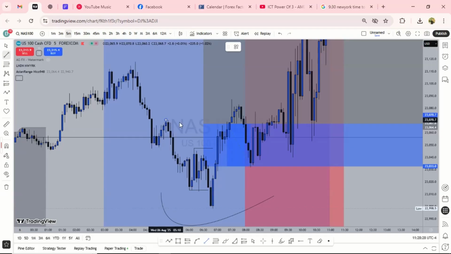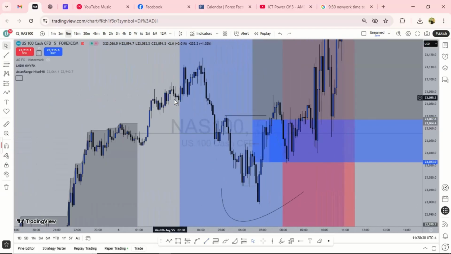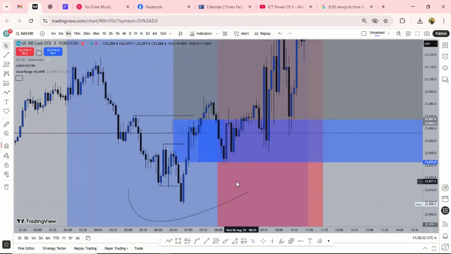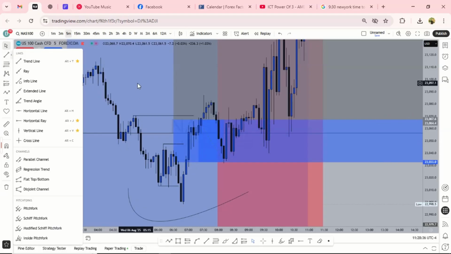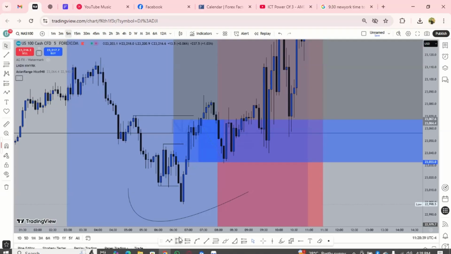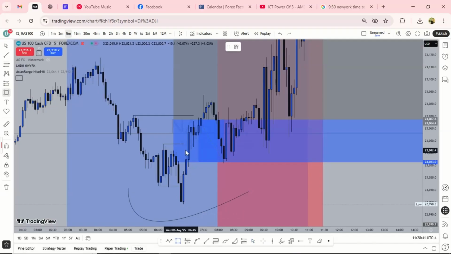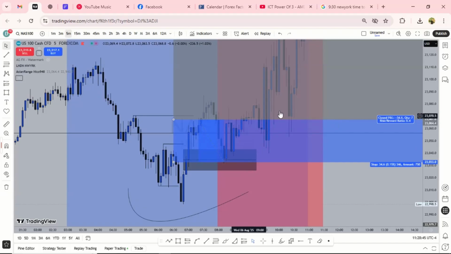So what are we having? We have a change of character and a break of market structure. Price trades backwards to the area of the fair value gap, and then starts to buy from there.